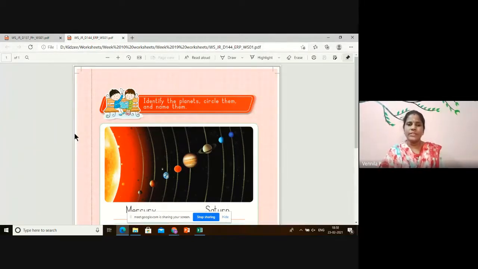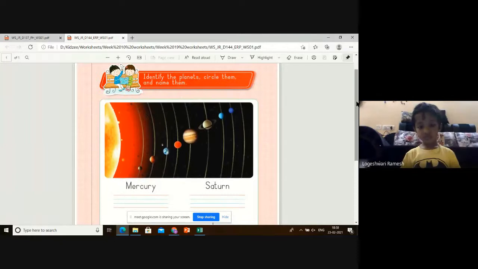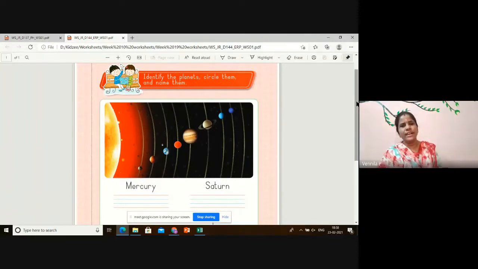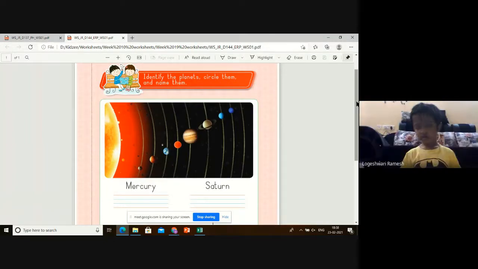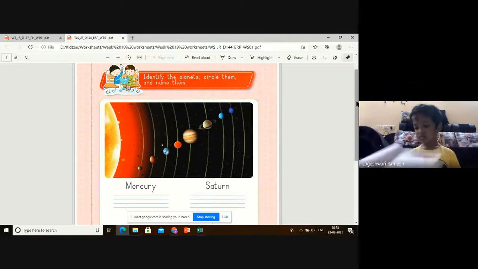Check whether you have this worksheet ERP, Karthikeyan's mom. No, ma'am. You don't have this two? I think 144 is missing, ma'am. Only 3 pages are there, ma'am.